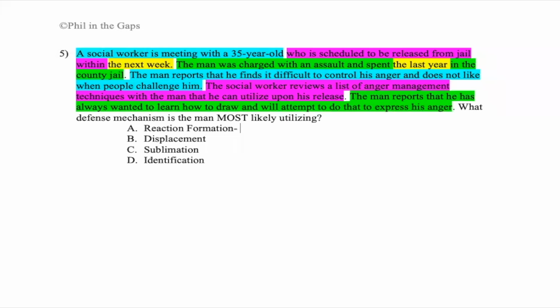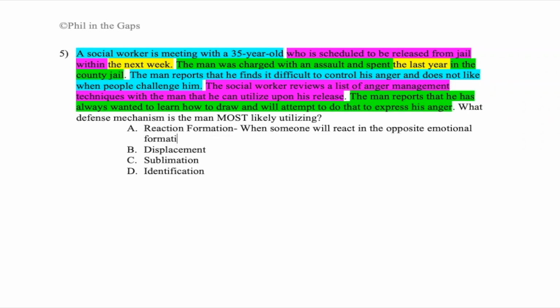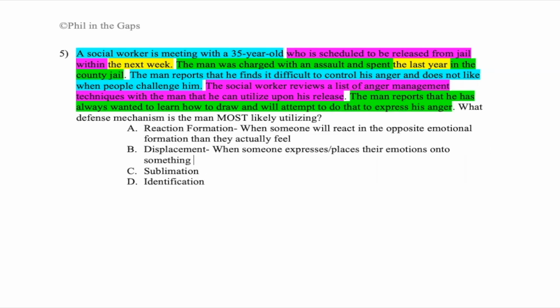A, reaction formation is when someone will react in the opposite emotional formation than they actually feel. B, displacement is when someone expresses or places their emotions onto something or someone less threatening.